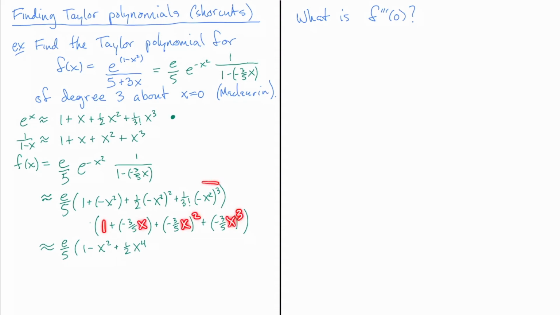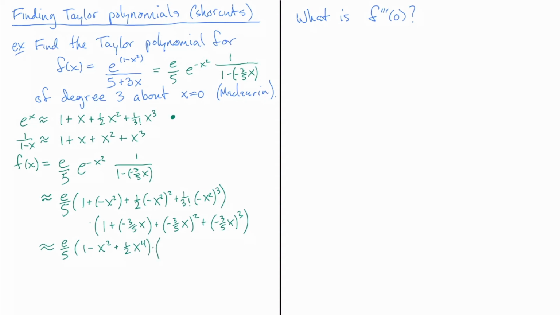There's no way that x to the 6 multiplied by any of these is going to be relevant for us here because we're only going to degree 3. So I could have left this out of my original approximation. I didn't need that. So I'll leave it out here. And now it's a good thing I'm using approximately because this is equal to neither of the above expressions. Okay, so there's our x to the 4. And we're going to stop there.